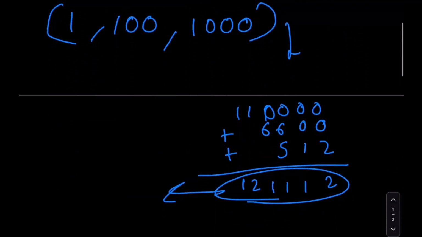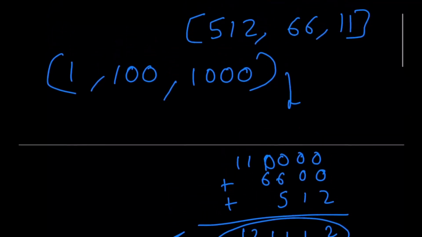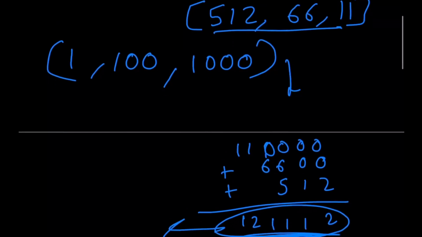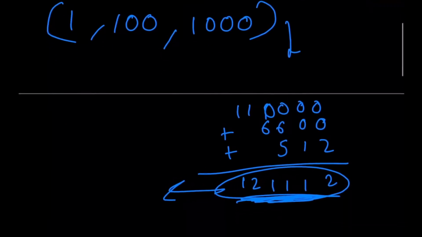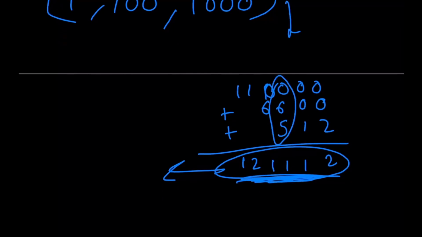Because it's not representing the three values x, y, and z. So this is why it's really important that the three numbers x, y, and z have to be separated enough such that the values come out as they are and there's no overlapping. This overlapping over here between the 5 of 512 and 6 of 66 made this problem, right?